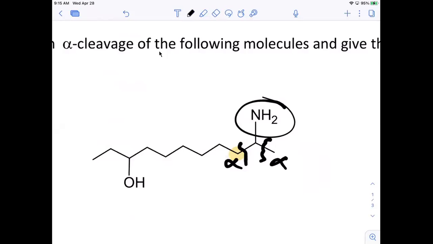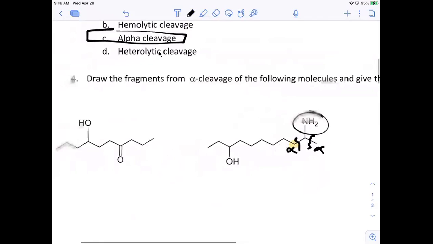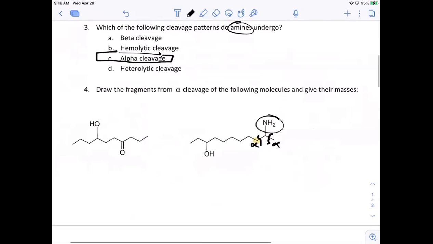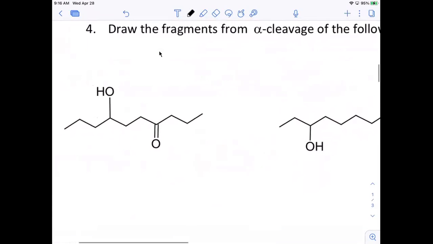Any functional group that has a carbon adjacent to it is going to undergo alpha cleavage. So let's look at the fourth question, which asks what fragments come from alpha cleavage of the following molecules. It says draw them and give their masses. So we need to know the mass of this entire compound.